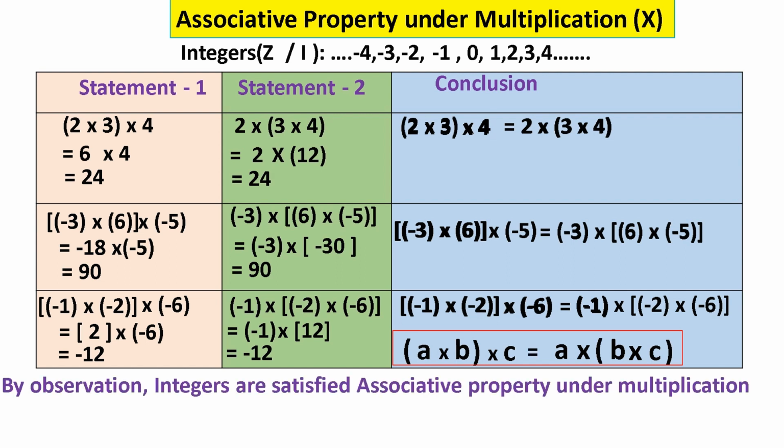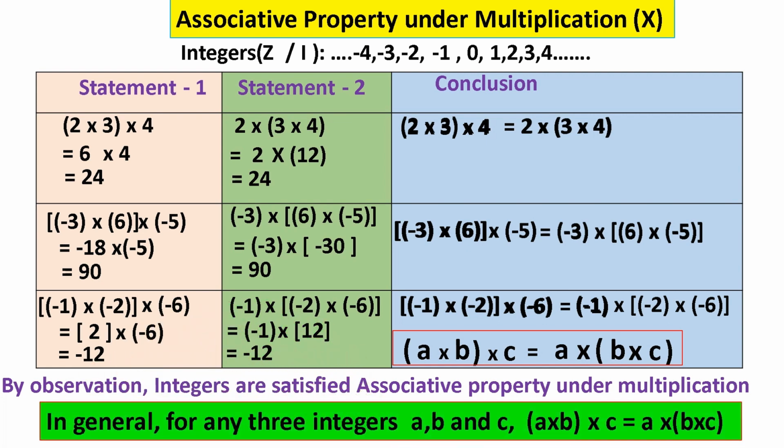So here by observation, integers satisfy the associative property under multiplication. In general, for any three integers a, b, c, (a into b) into c is equal to a into (b into c).